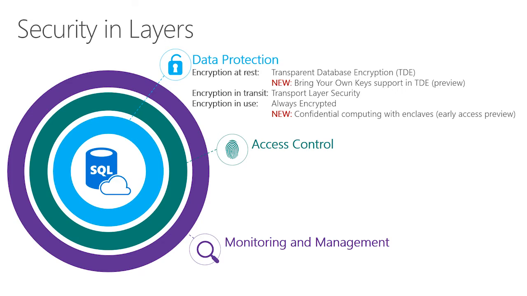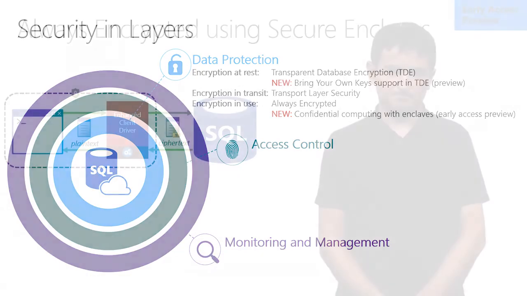Initially released in 2016, Always Encrypted laid the groundwork for transparent client-side encryption that protects sensitive data in use from high-privileged yet unauthorized users. We are now bringing this exciting feature to a new level by incorporating a cutting-edge technology called enclaves.